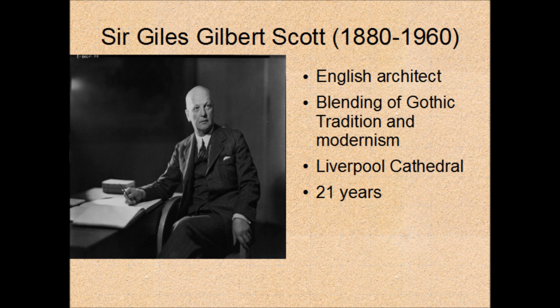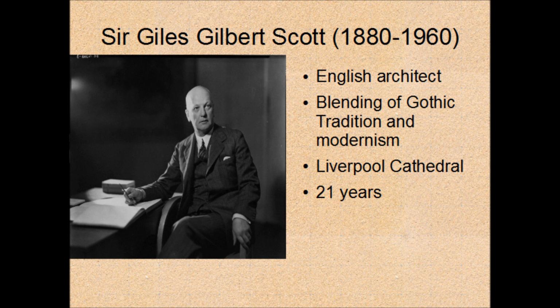Scott is another English architect, mainly remembered for his role in the Liverpool Cathedral. He became an apprentice to Temple Lushington Moore in 1899 for 3 years, and this period allowed him to develop his own architectural knowledge. He is well known for his blending of Gothic tradition with modernism.